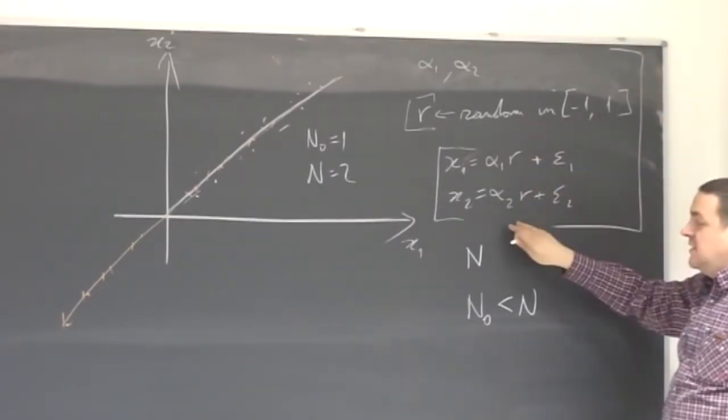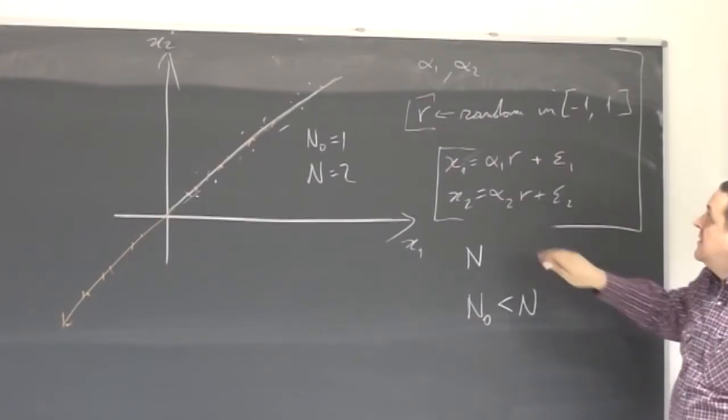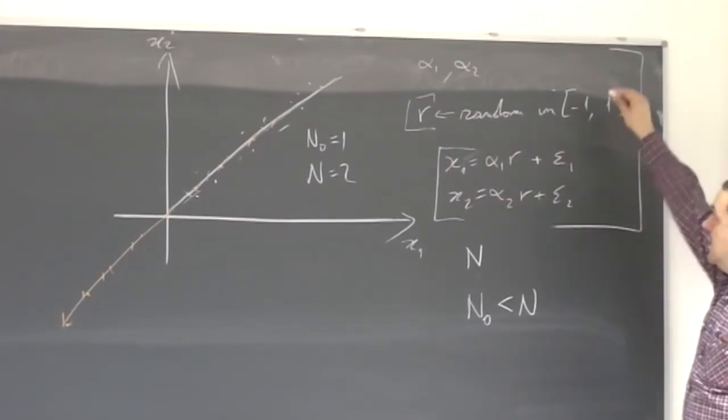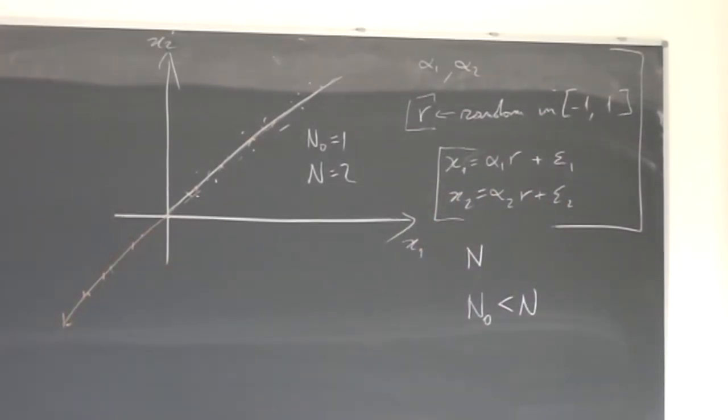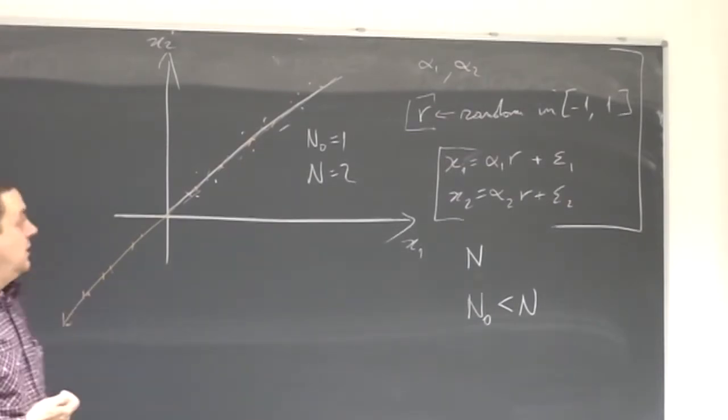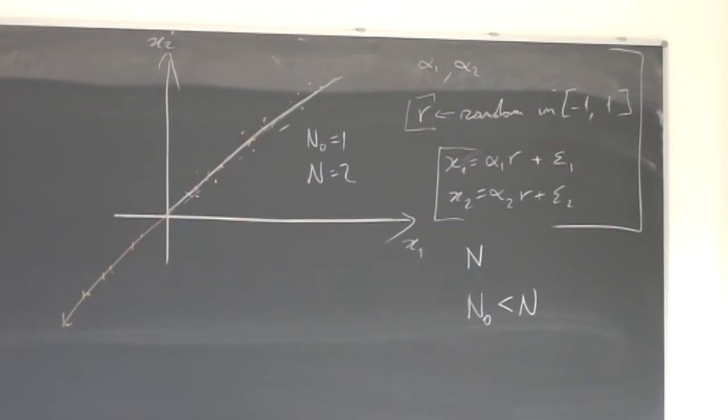So we just need to generalize this formula. We need many more coefficients, and in particular, we need to generate a vector of random numbers, let's say always in -1, 1, power n0.